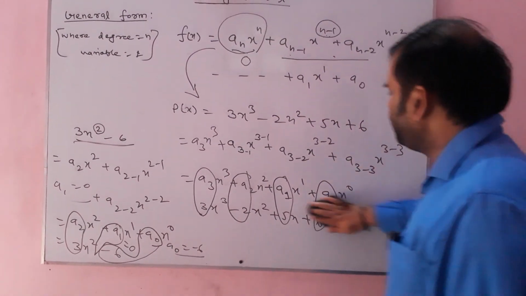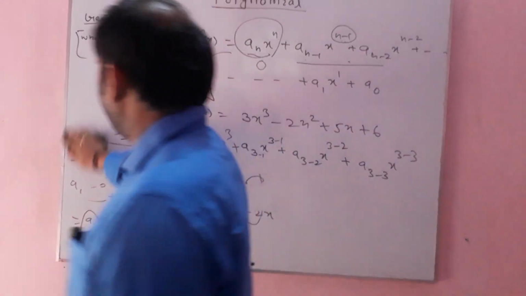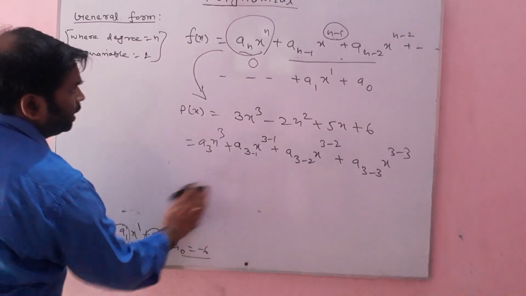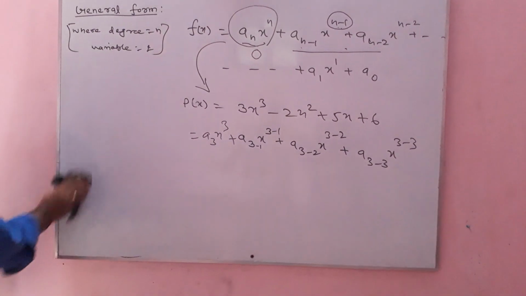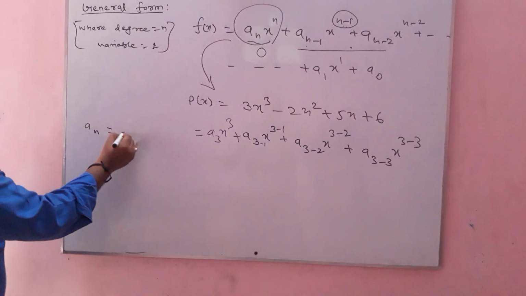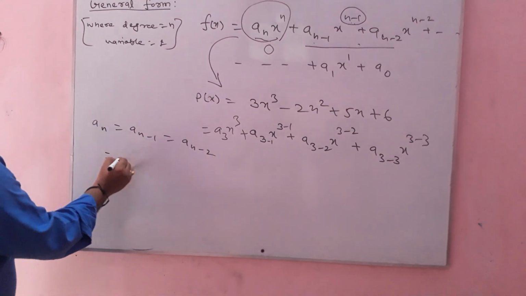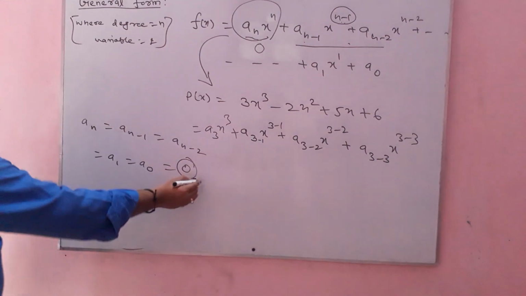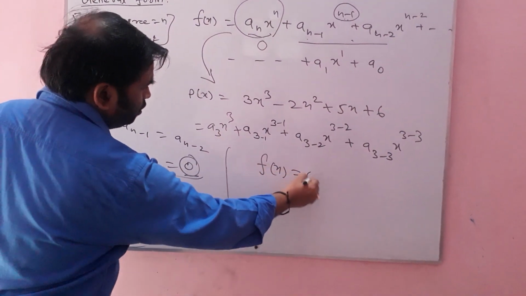Now, what I will teach you: if every constant a_n, a_(n-1), a_(n-2), up to a_1, a_0 is 0, suppose a_n is equal to a_(n-1) is equal to a_(n-2) is equal to a_1 is equal to a_0 is equal to 0, then f(x) is equal to 0.